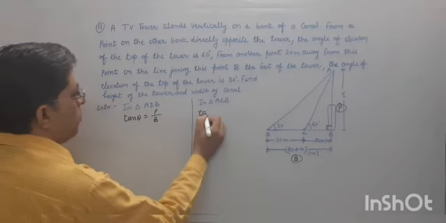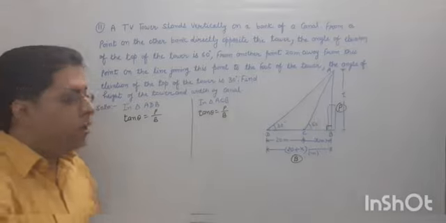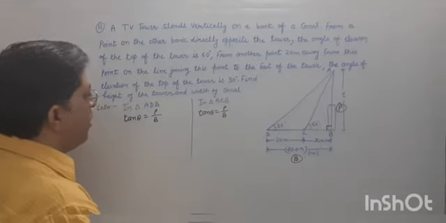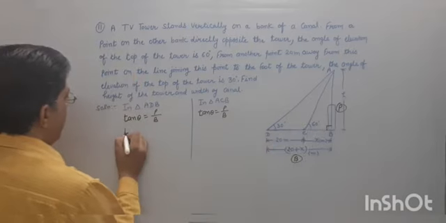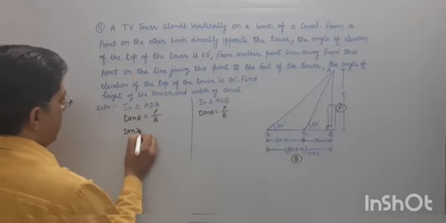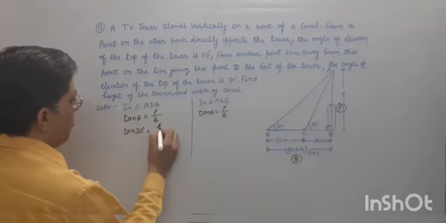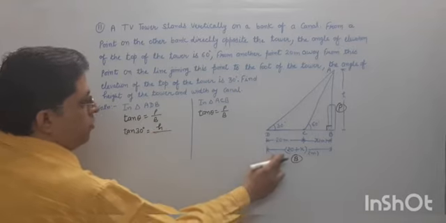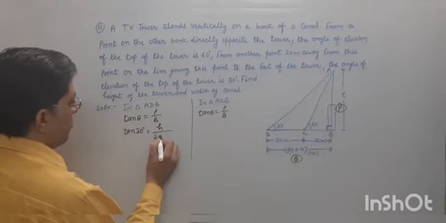Here also tan theta is equal to P upon B. Okay, then for triangle ADB, tan 30 degree is equal to height h upon base. The base DB is 20 plus x.